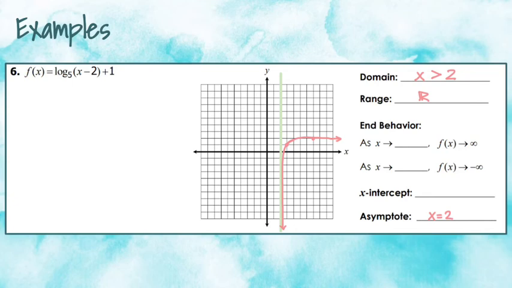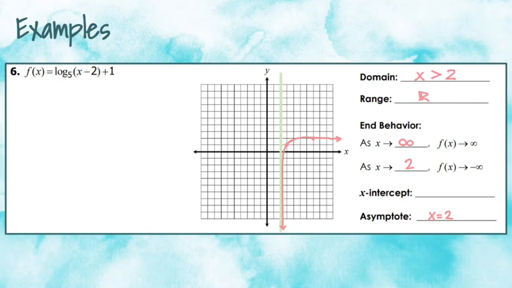Then our end behavior, we just have to look. So this one wants to know when the graph is going up, which way is it going? So the upper end of our graph is pointing to the right. That means positive infinity. The lower part of our graph is going toward our asymptote, and our asymptote is at 2.